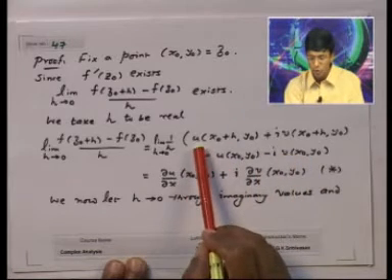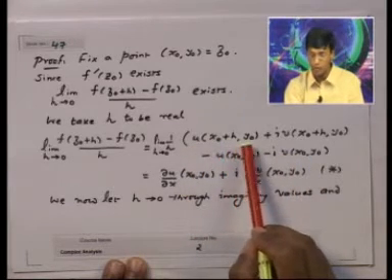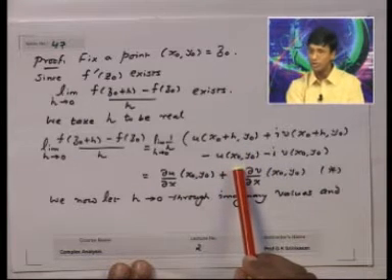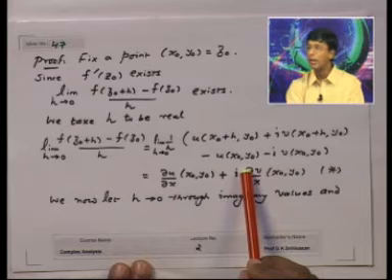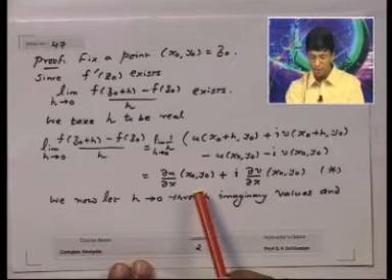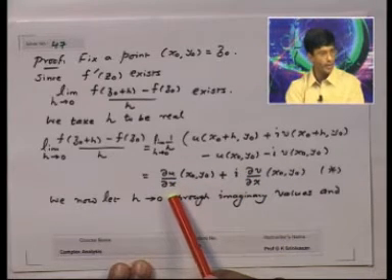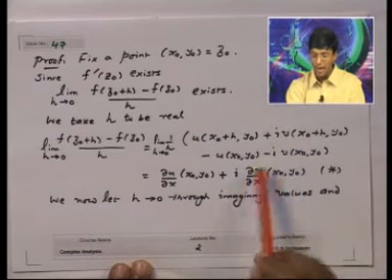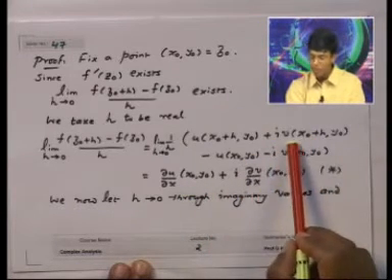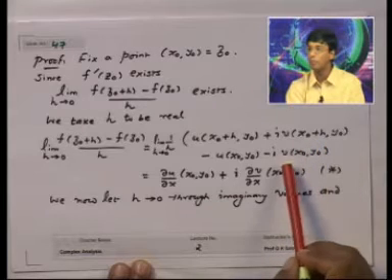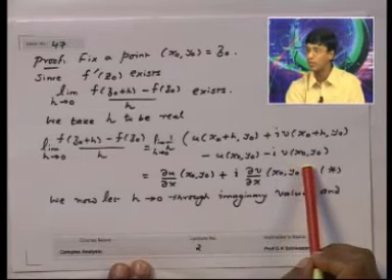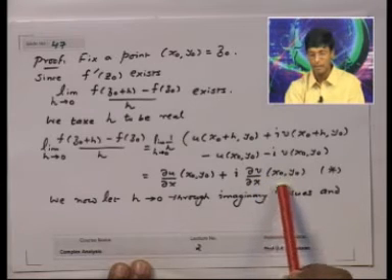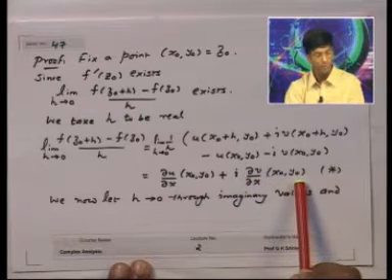It is u of x naught plus h comma y naught minus u of x naught comma y naught divided by h. What is that? Del u by del x at x naught comma y naught plus i times v of x naught plus h comma y naught minus v of x naught comma y naught divided by h, that is del v by del x at x naught comma y naught. Right, that is star.